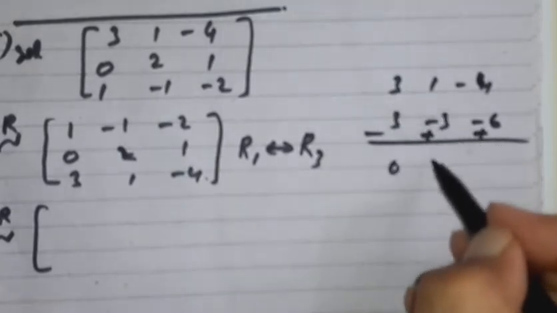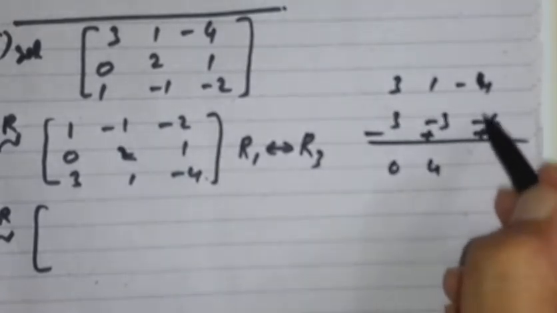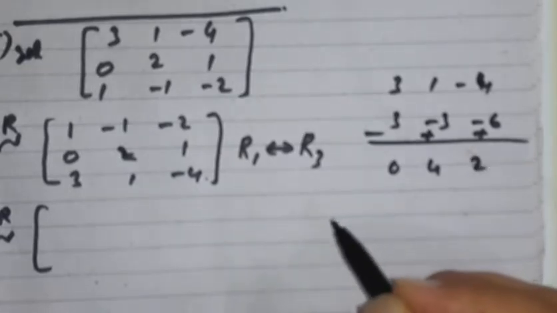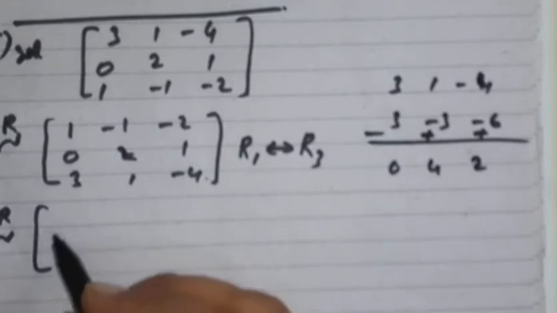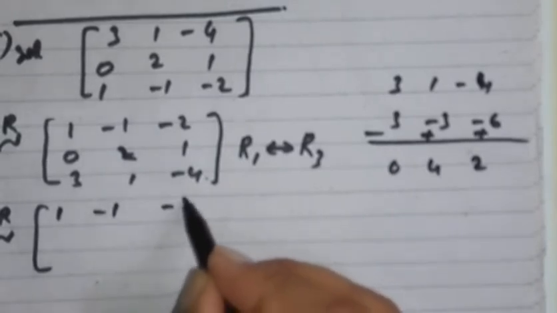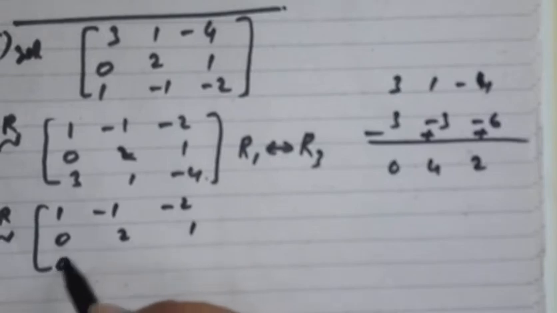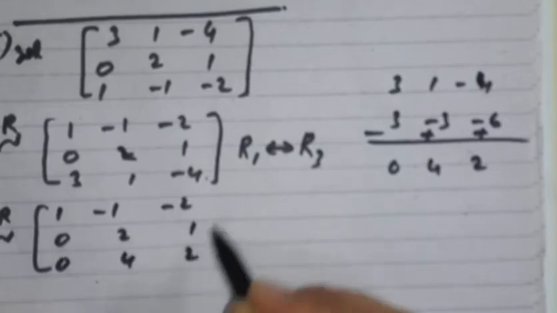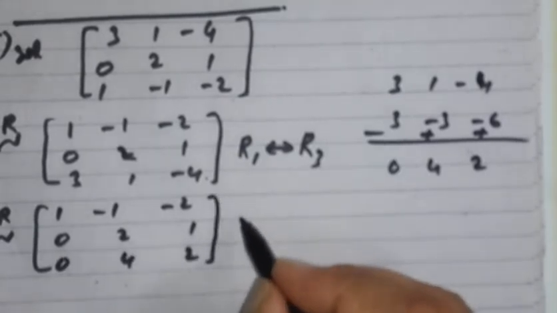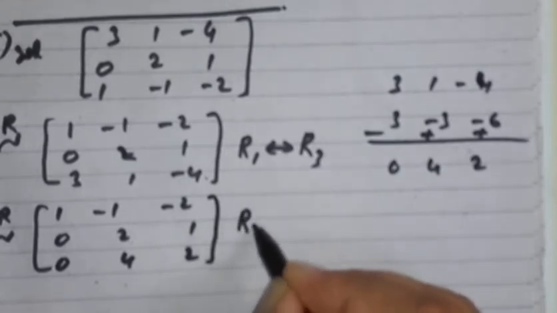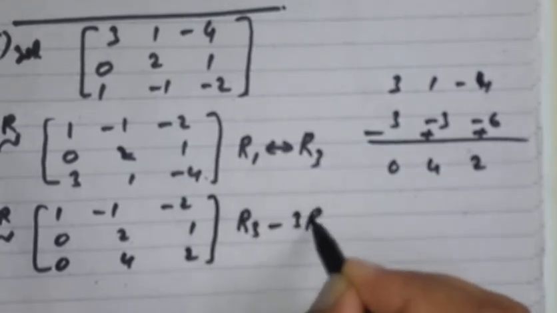Here we get 0, here we get 4, and here we get 2. So write it 1 minus 1 minus 2, 0 2 1, and here 0 4 2. How? Row third minus 3 times row first.